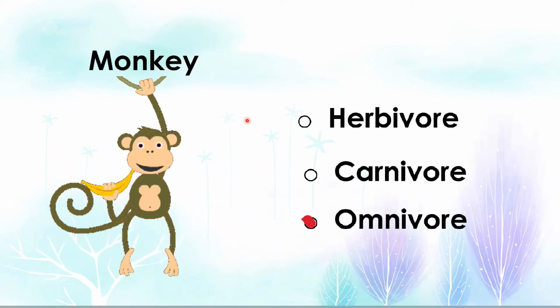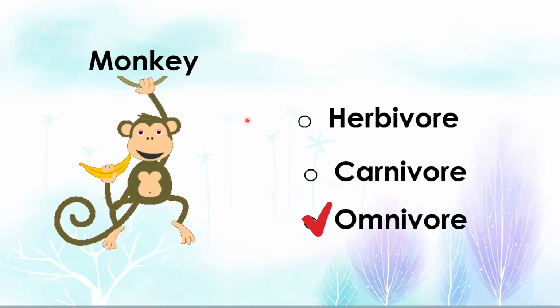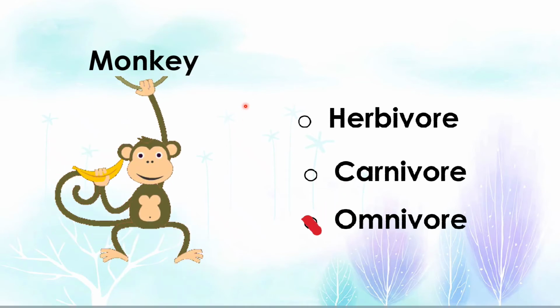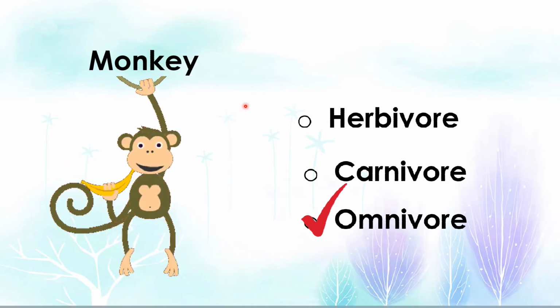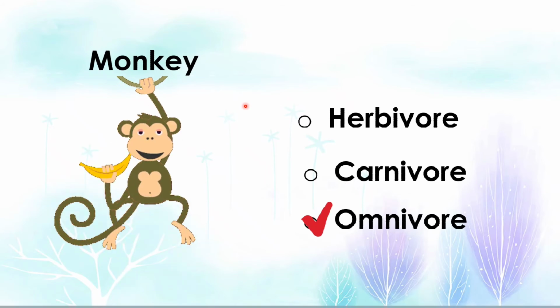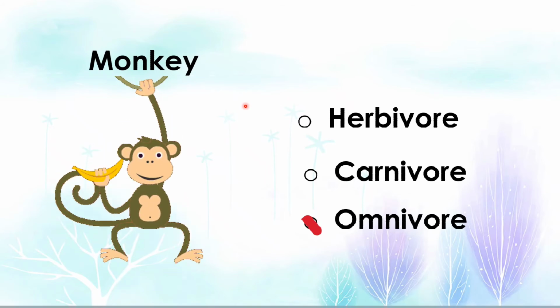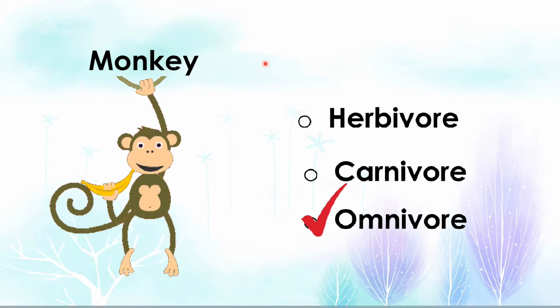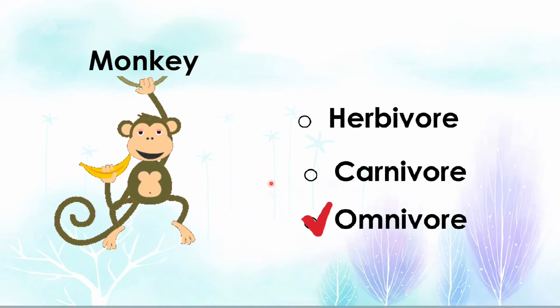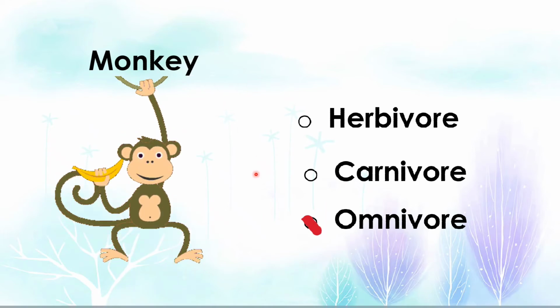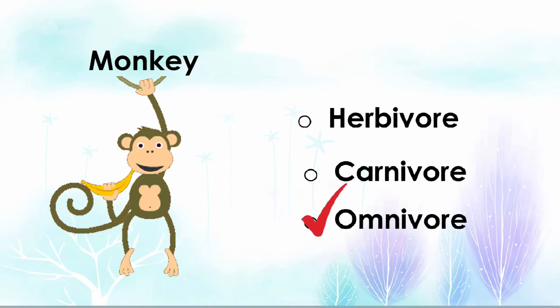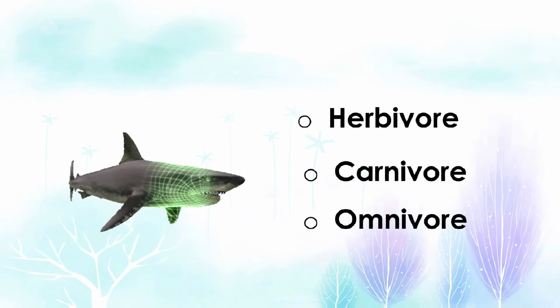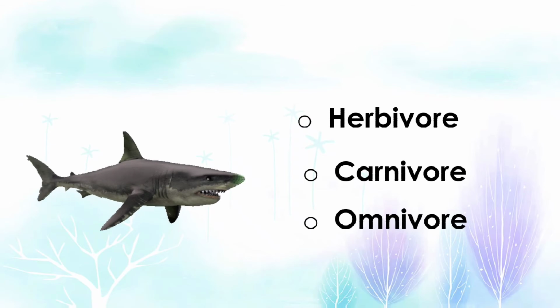Because most monkeys eat nuts, fruits, seeds, and flowers. Also, some monkeys eat birds, eggs, small lizards, insects, and spiders. So that is why monkey is an omnivore.